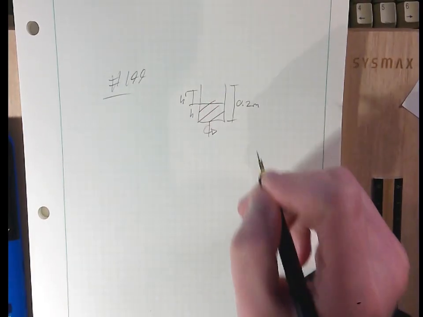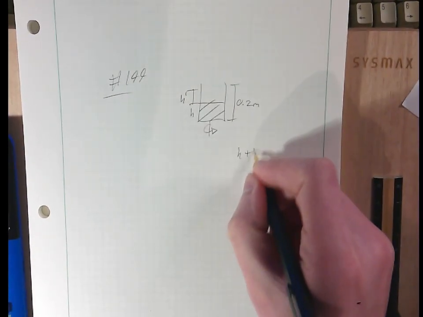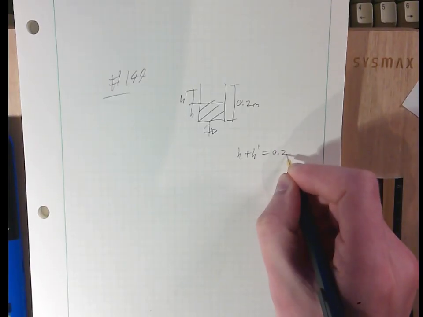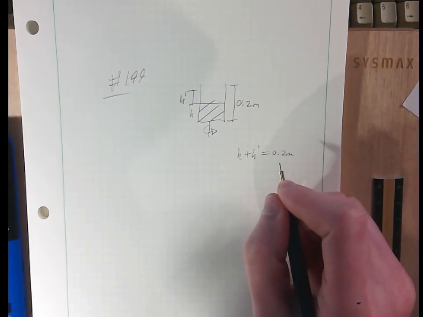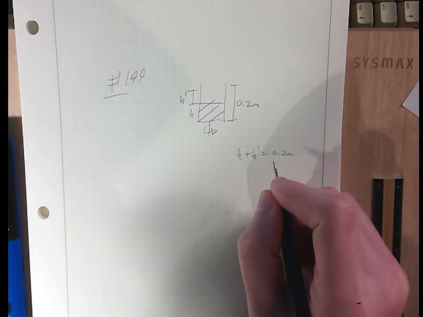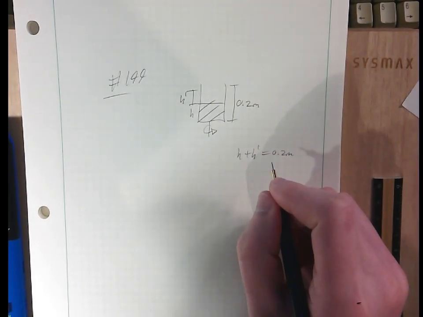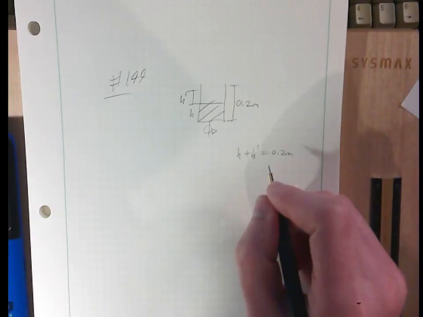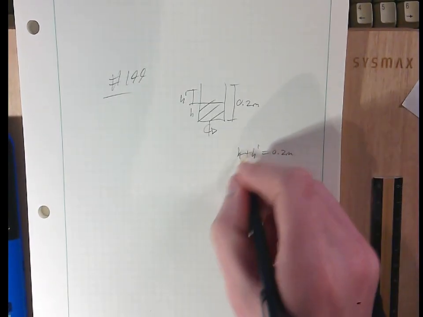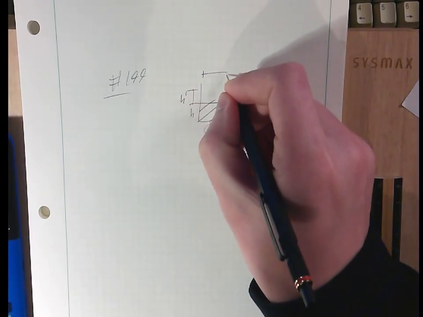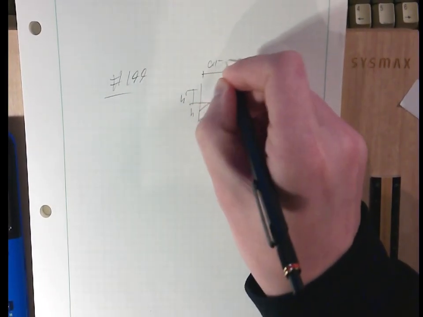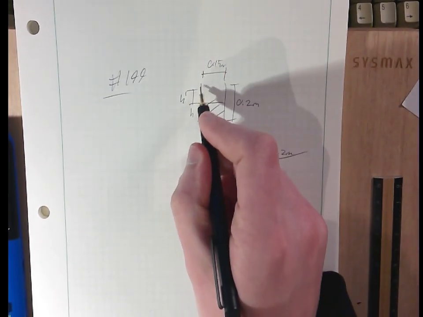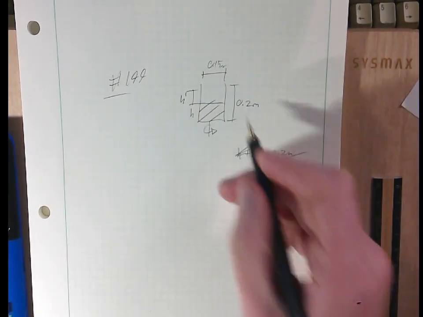This can be h plus h prime equals 0.2 meters then. Okay. No, I'm mistaken. Sorry. 1.5 meters. This is just telling us the height of the glass. H prime is below the height of the glass. So it's going to be below this.